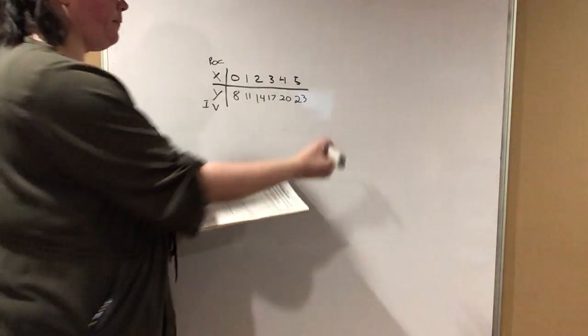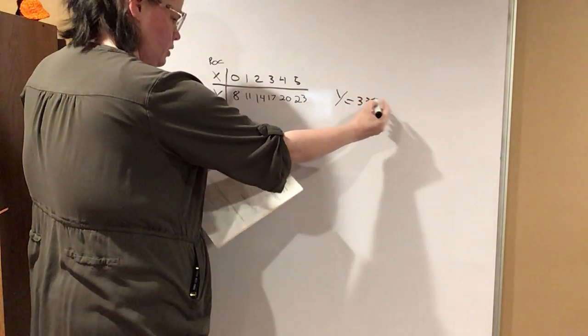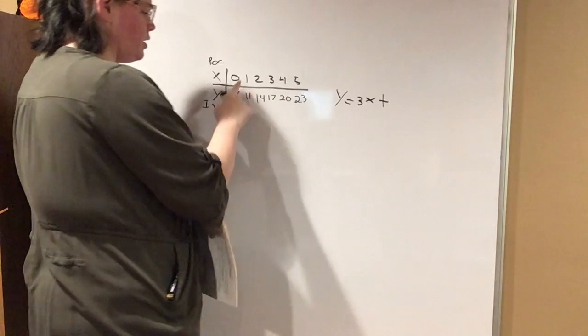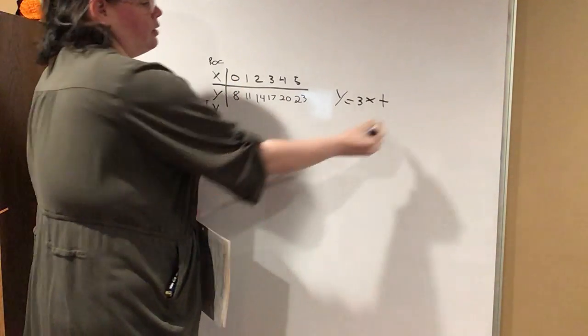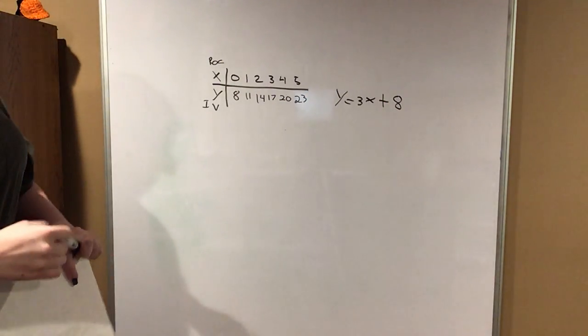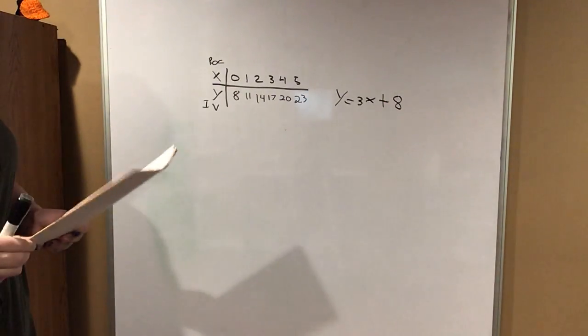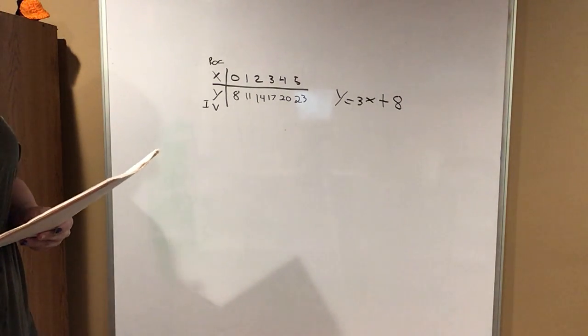So now we just write it. y equals 3x. And our initial value of where we started is where the 0 is. 0 and 8. There's our equation. That's how I like to do those ones. Because I'm not too happy with, you know.